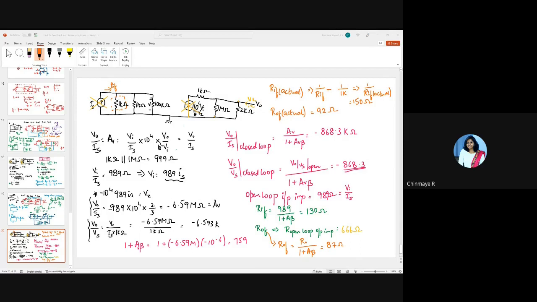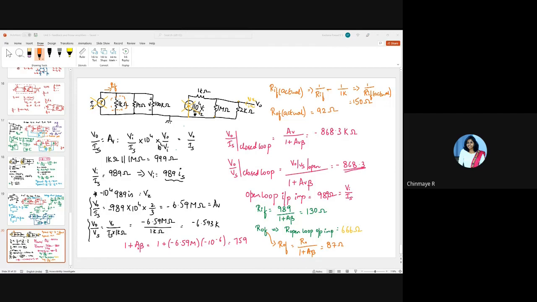We calculated the open loop input impedance. From that, we calculated the closed loop input impedance as open loop input impedance divided by 1 plus A beta. Similarly, we calculated the open loop output impedance, and then we got the closed loop output impedance as open loop output impedance divided by 1 plus A beta.